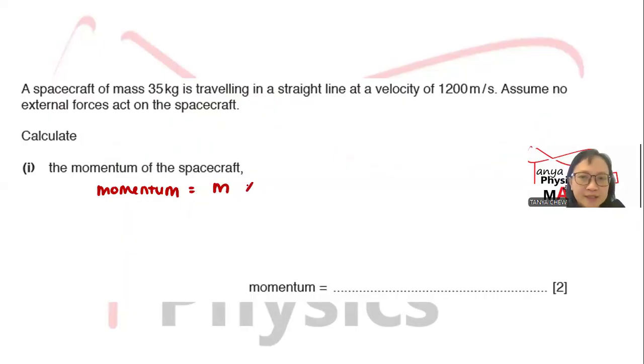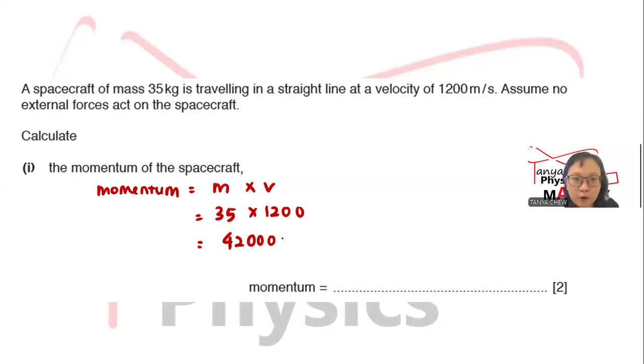It is mass times velocity, 35 times 1200, and I got 42000. The unit of momentum is kilogram meter per second. Just fill in the blank. Make sure that the unit is correct as well in order for you to gain full marks.